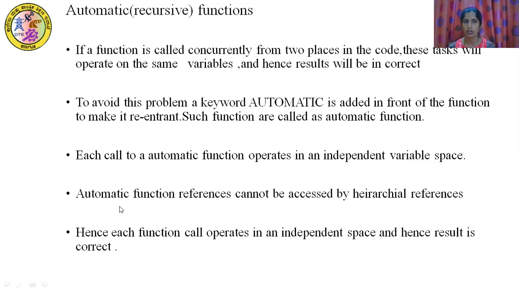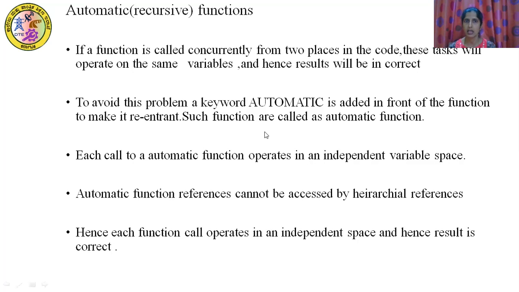Hence each function call operates in an independent space and the results will be correct. The results will be incorrect if the functions are not declared automatic and we simultaneously have concurrent calls to a function.